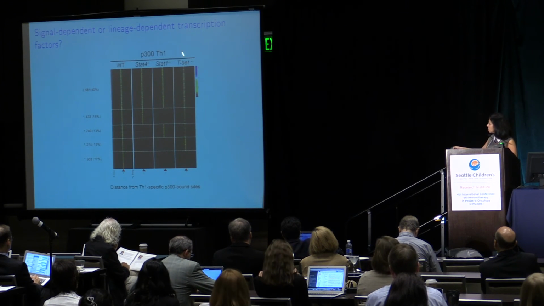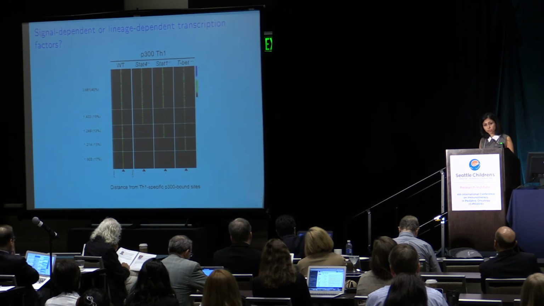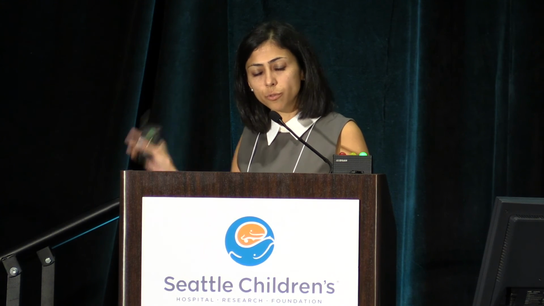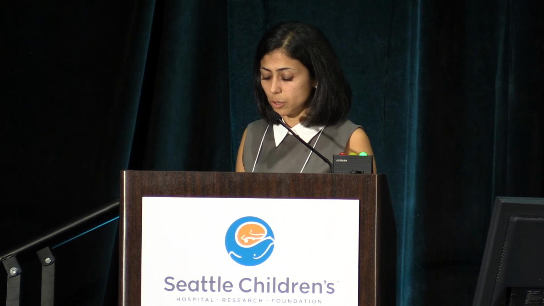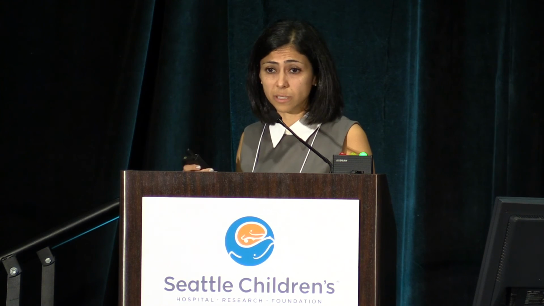And this was done in Th1 cells. About 50% of the genomic regions bound by P300 lost P300 binding in STAT4 deficient cells. Similarly, in the case of Th2, about 75% of the Th2 specific enhancers were STAT6 dependent.